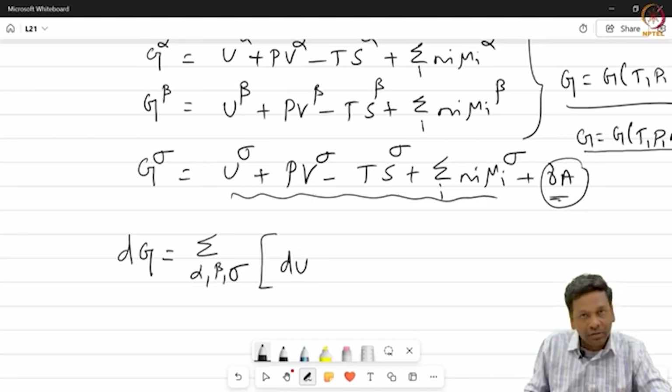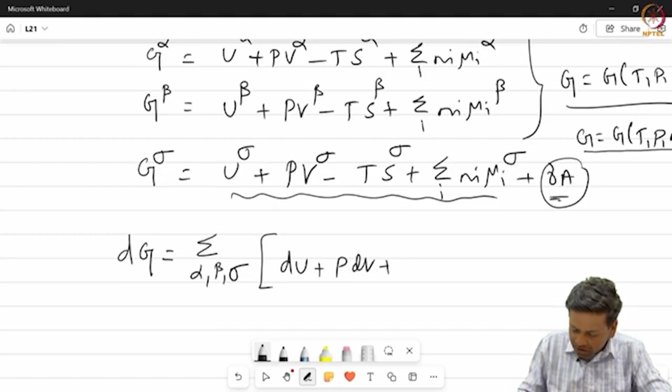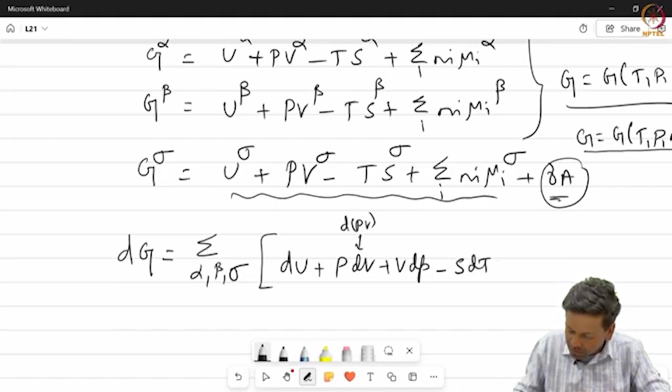I do not need to specify whether it is alpha or beta, because this is going to be the summation of all three. So we have to derive this: it will be dU plus P dV plus V dP minus S dT minus T dS, plus the summation over i of n_i d mu_i plus the summation over i of mu_i d n_i.